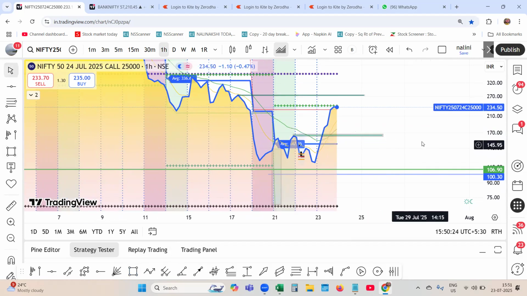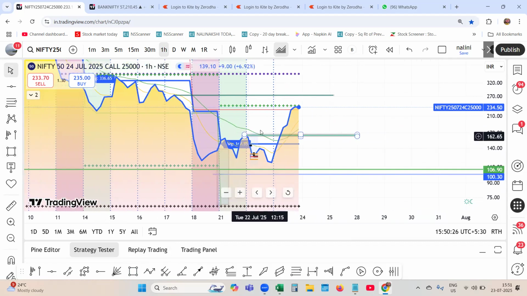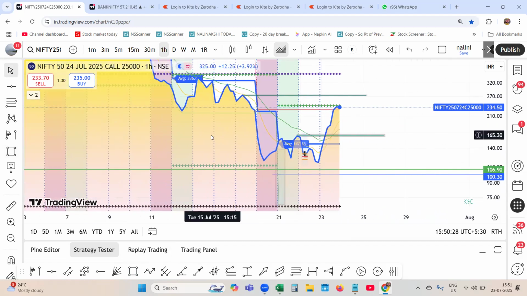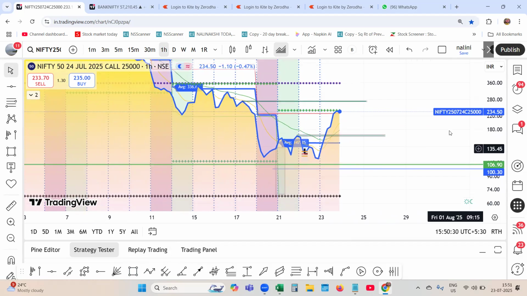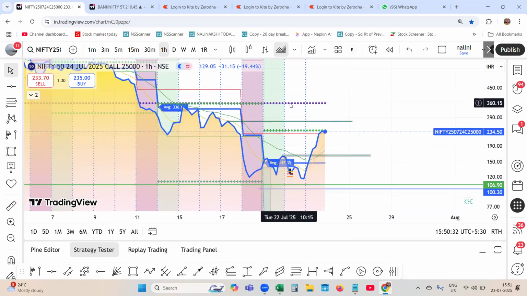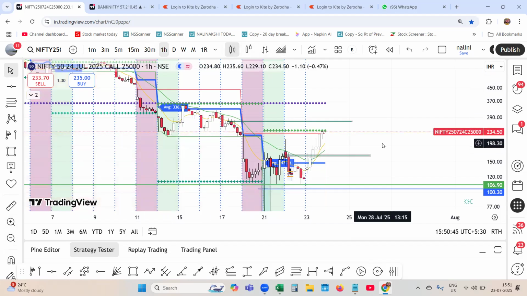These are simple observations. So, if you can follow this, you will also be profitable. And this is indicating a monthly low. And this is the weekly low. Let me take this out and make it.